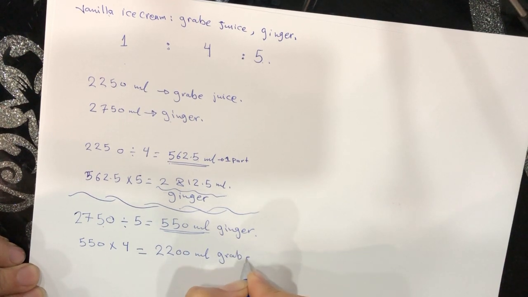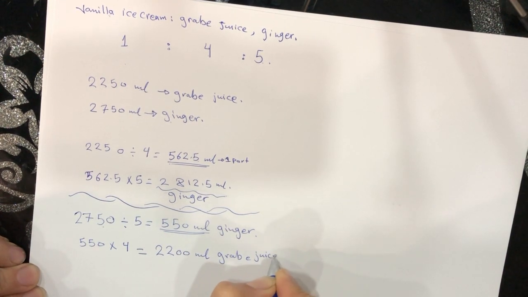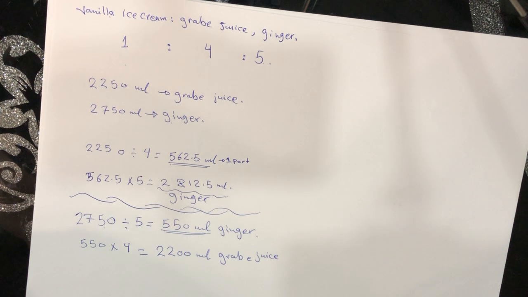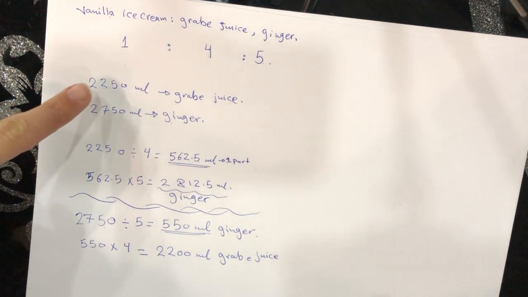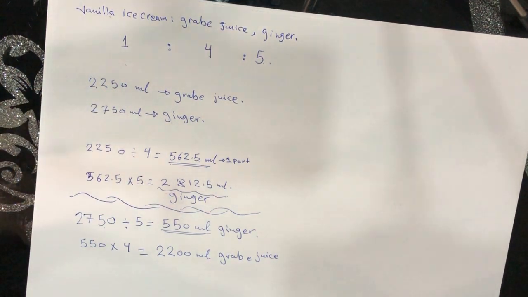Now, does she have that much grape juice? Yes, she does. She can use 2,200 milliliters of grape juice because she already has 2,250. So she will have 50 milliliters to spare, which is good.